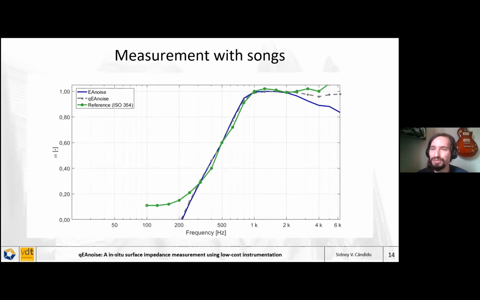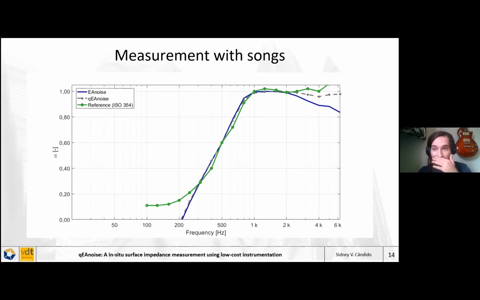And you can measure it with songs because we're assuming reverberant fields. The EA represents environmental anonymous noise, so it's an unknown signal in a reverberant field. So what I've done was to put on some songs and measure the material.